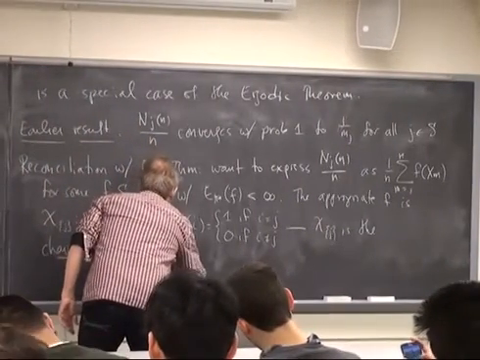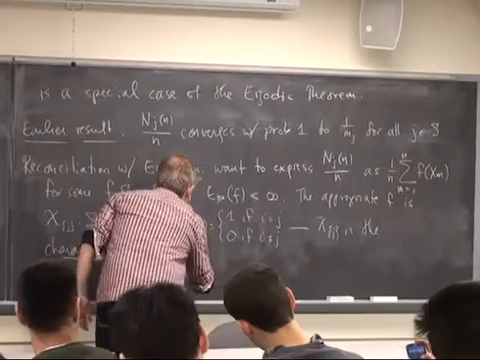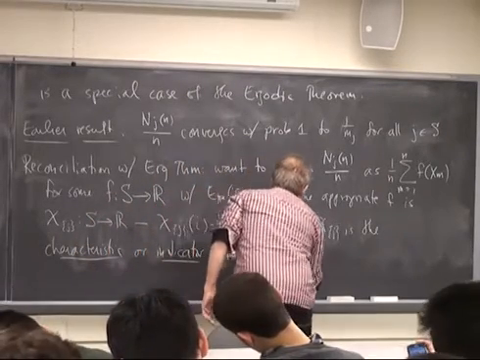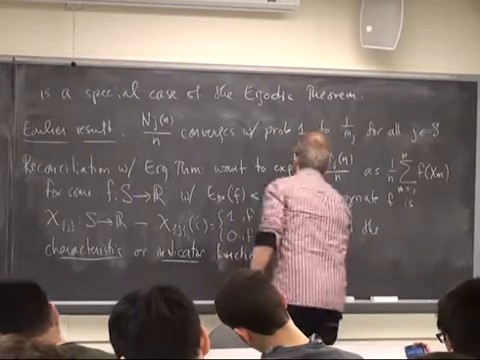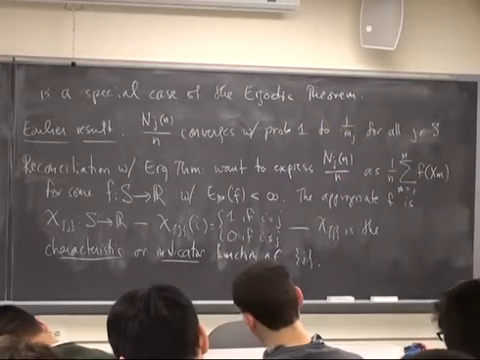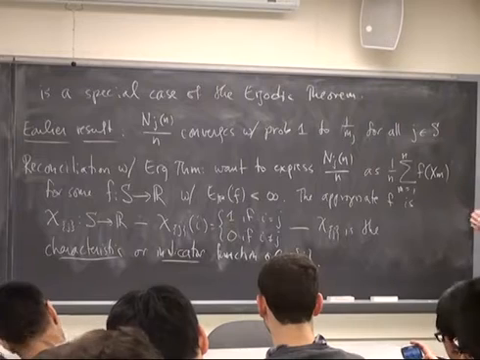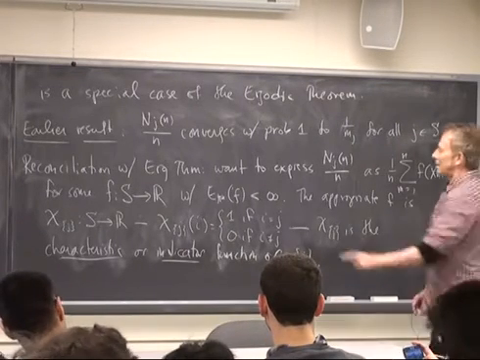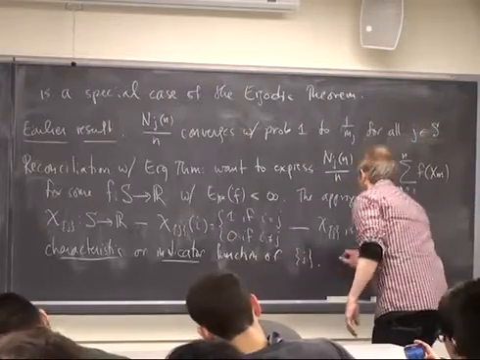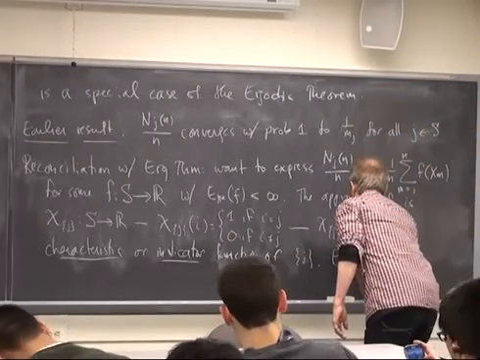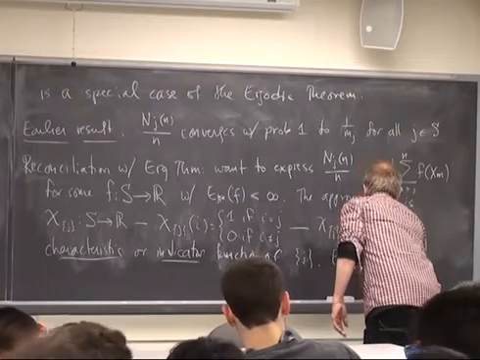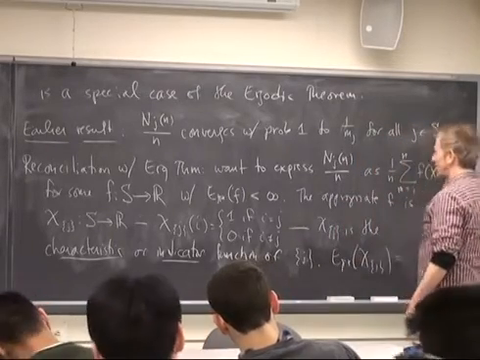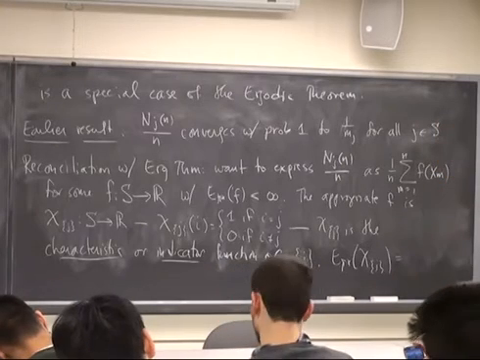Or indicator function of the set consisting of the state j. It's 1 for everything in that set and 0 for everything outside of that set. And note that the expected value of chi_j with respect to the unique stationary distribution, pi star, is what?